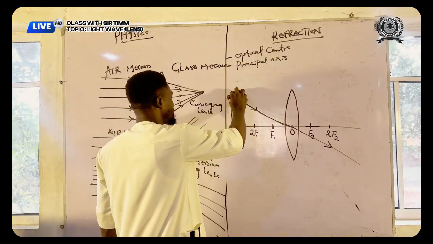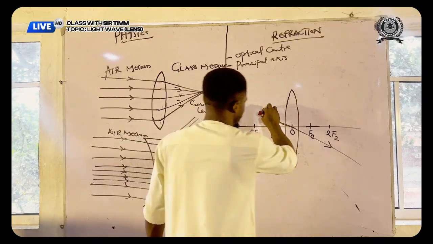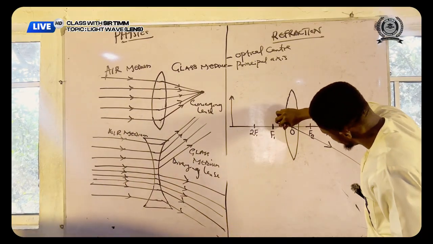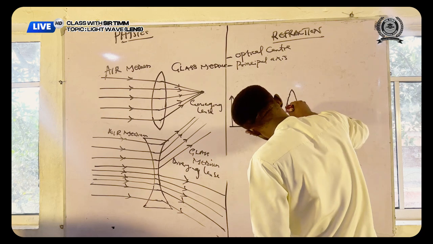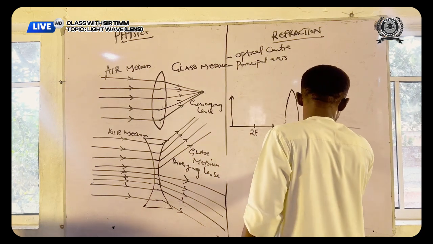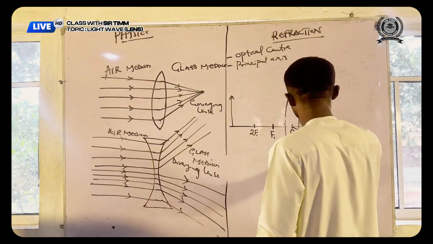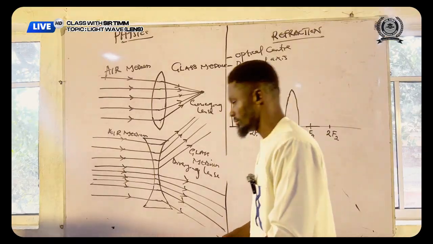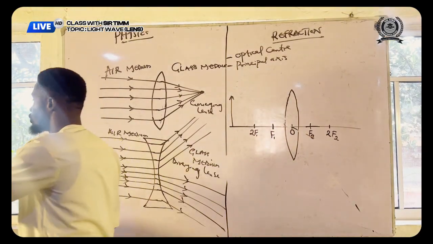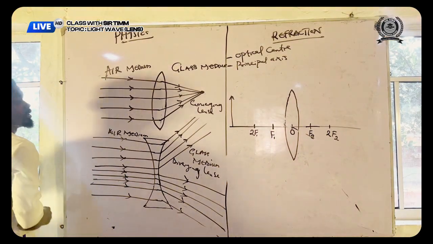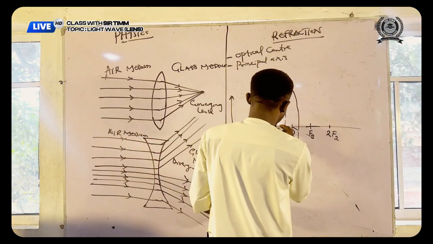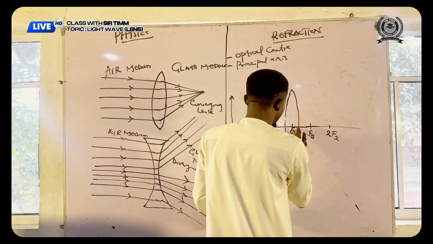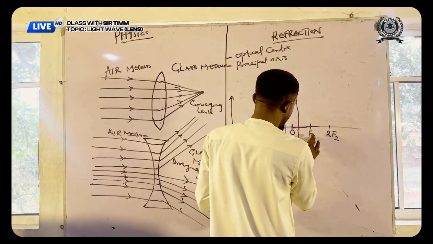What is rule 3? It's separate to F2. Okay, we have this and this.